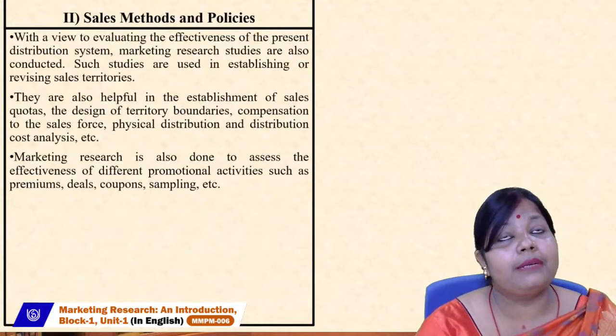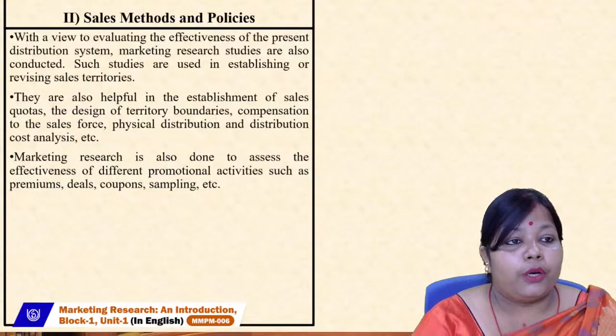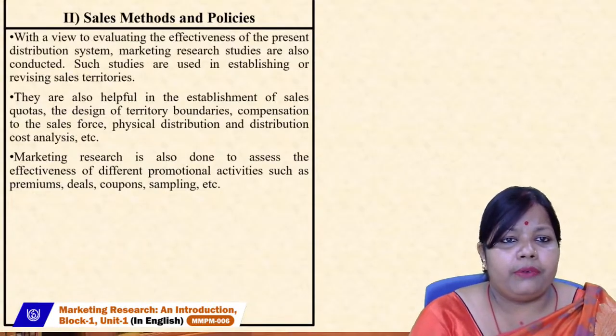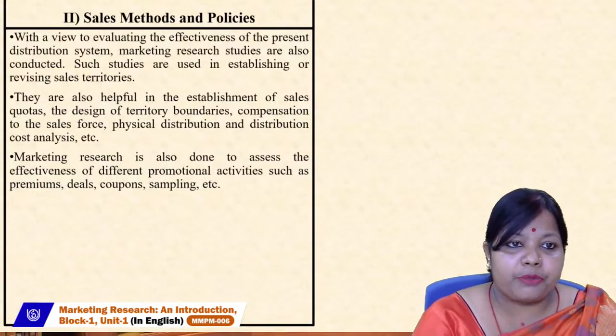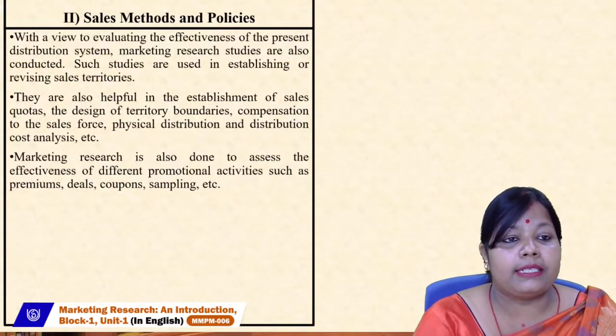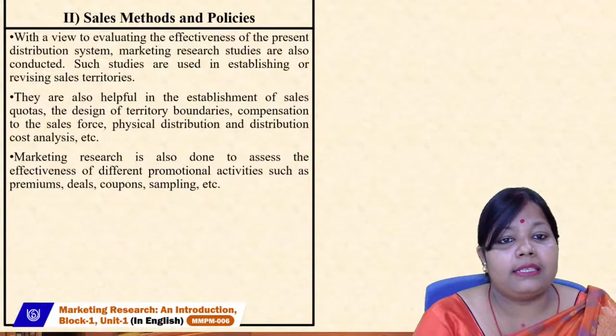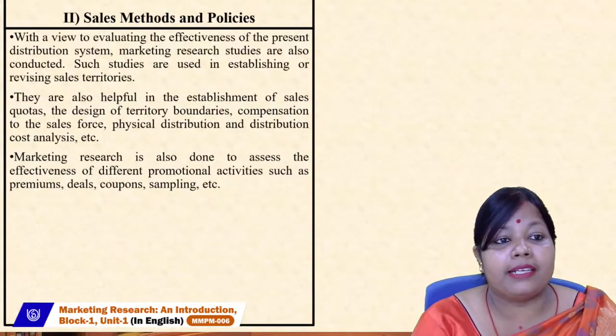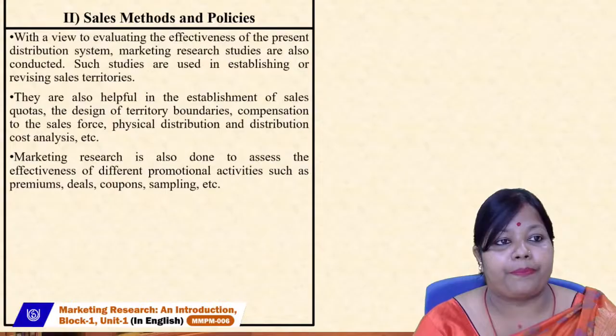Second is sales methods and policies. With a view to evaluating the effectiveness of the present distribution system, marketing research studies are also conducted. Such studies are used in establishing or revising sales territories.